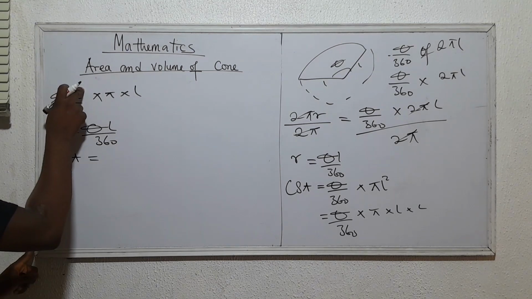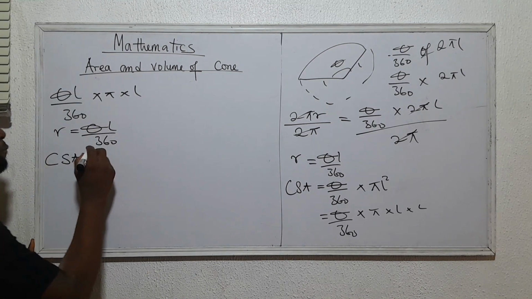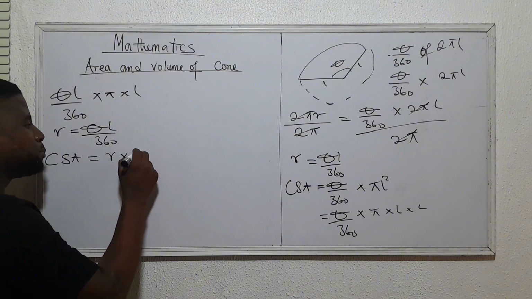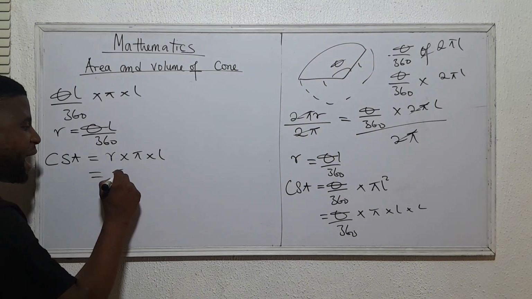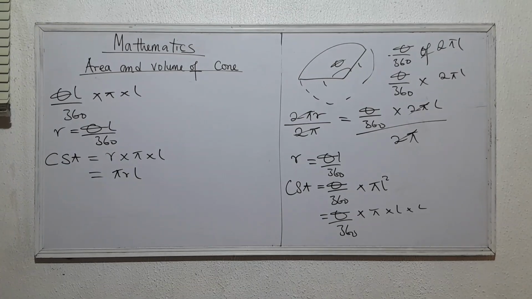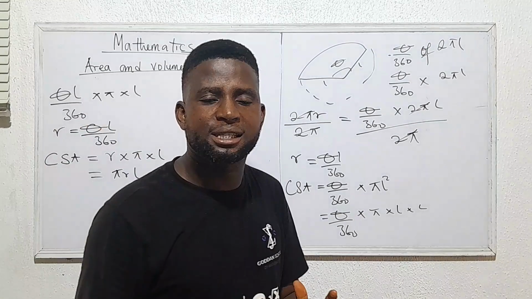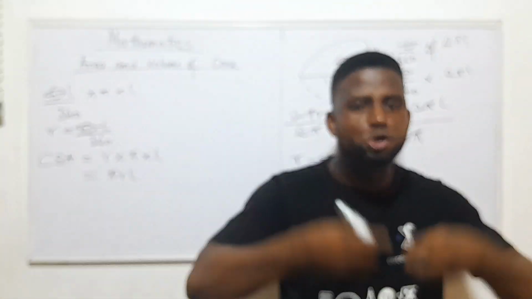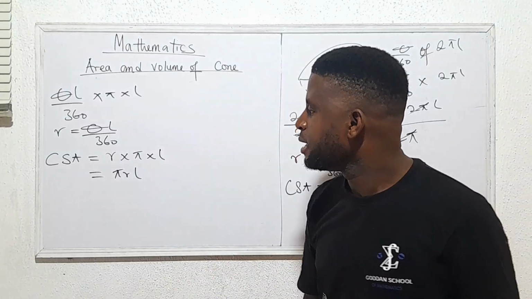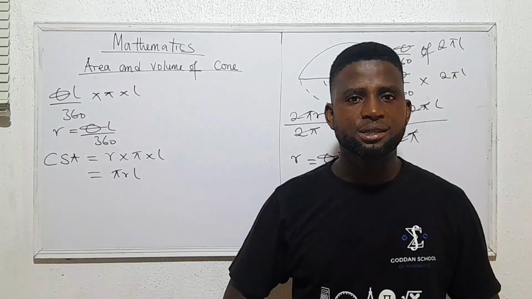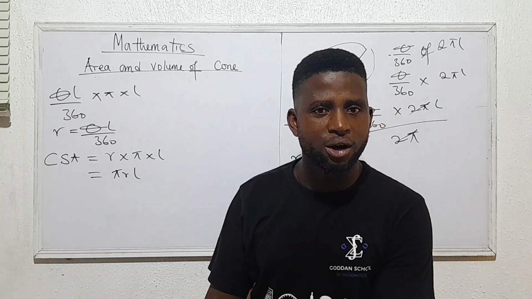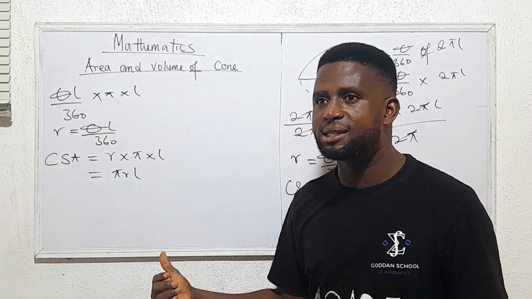So instead of theta L over 360, we now have R times pi times L. If I rearrange, this is the same thing as pi R L. So every time you are asked to find the curved surface area of a cone, the formula is pi R L, that is pi times radius times slant height.